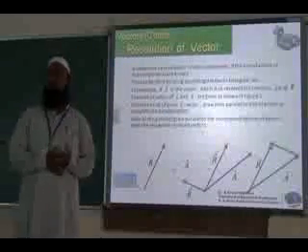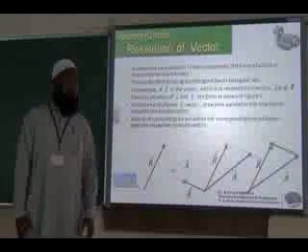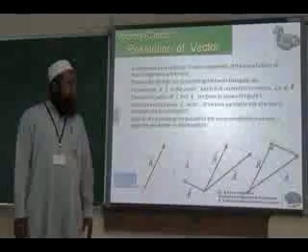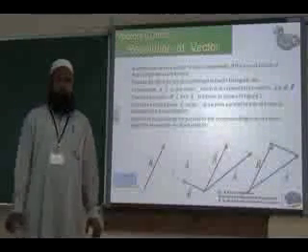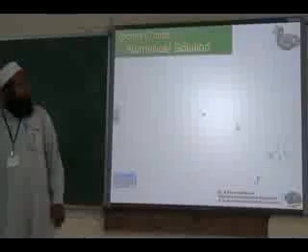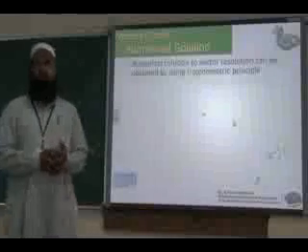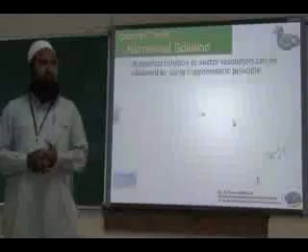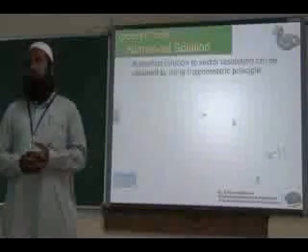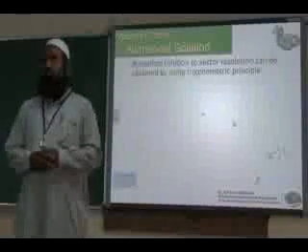So this is resolving the resultant vector into two components A and B. And so far we have seen how to get the resultant and how to resolve the resultant into two components by using the graphical approach.